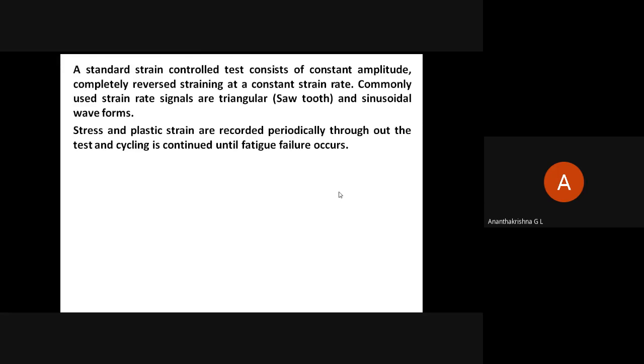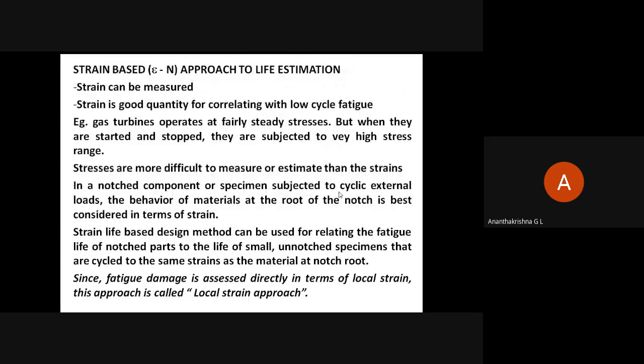Are you there? Yes, sir. Fine. Next, the strain-based approach to life estimation. What we learned so far is how strain controlled testing is carried out. Now let us look at how the life estimation of a component can be made based on the strain based approach.